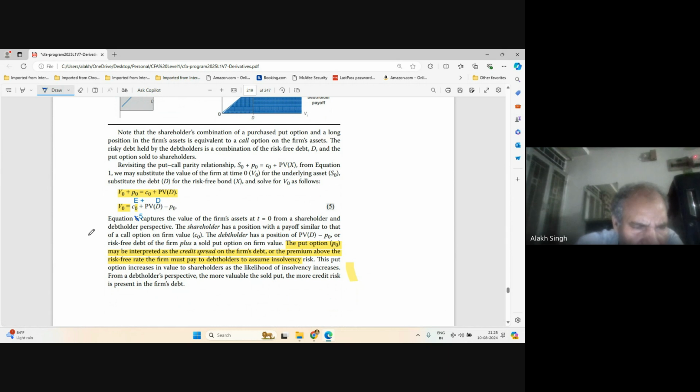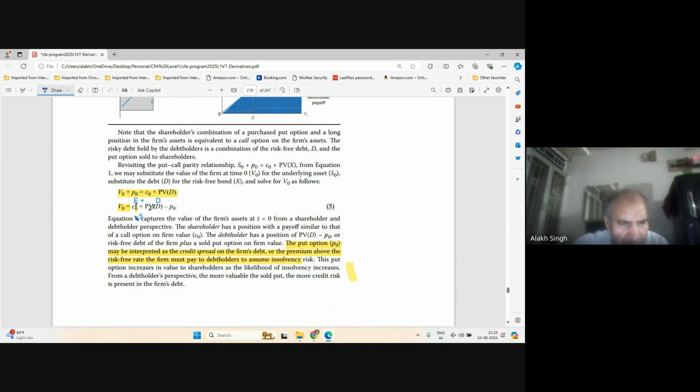So what will be the V0? V0 is equal to C0, which they are buying, and then the present value of debt minus P0. That is the total value of the company. Equities are buying only C0, and the remaining part is bought by debt holders.